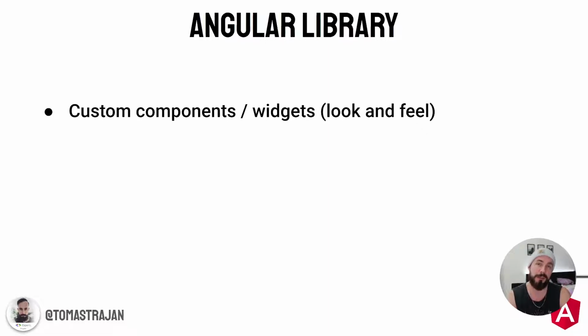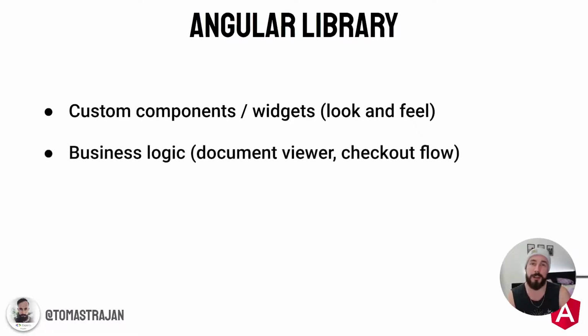For example, we might need to implement a custom library which implements some custom company-specific components and widgets which are then shared across multiple consumers, right? Or it can be something like a larger chunk of business logic.